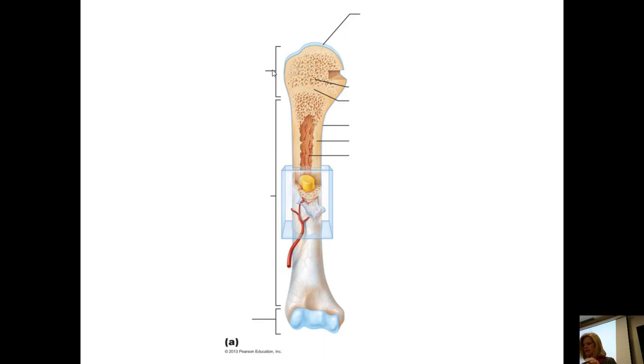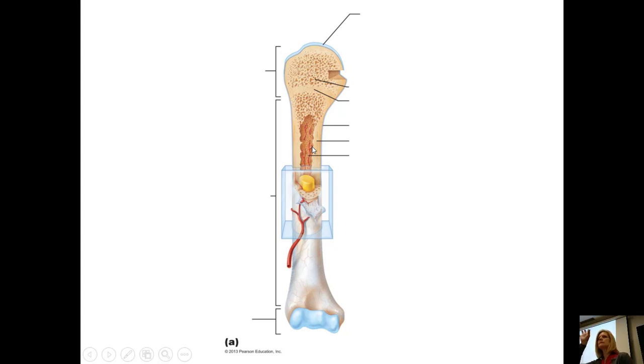And when I look at the lining of bone, the layer of cells that line the inside and outside of bone, the outer layer, which is what this leader line is pointing to, this outer layer of bone made up of bone cells is called periosteum. Periosteum is the outer layer of bone. And then lining this inside cavity here is endosteum.